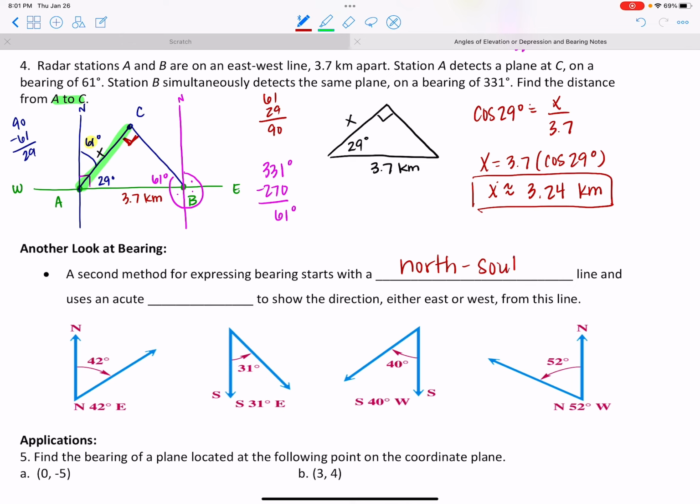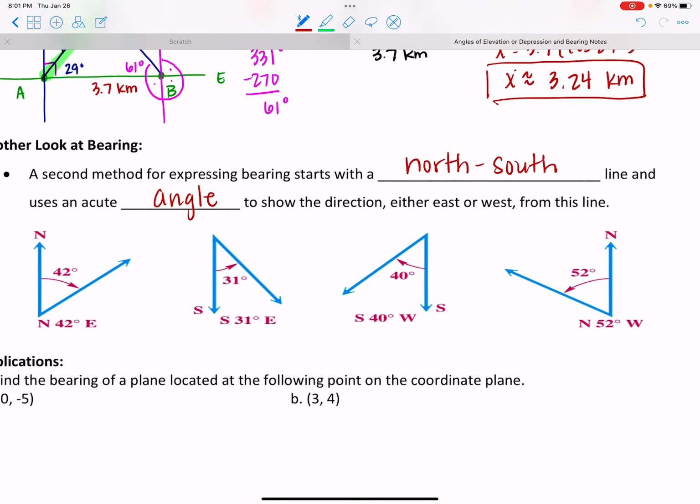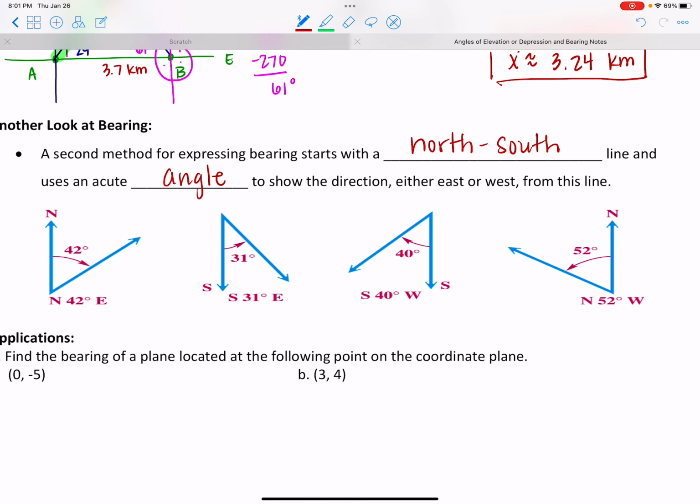North-south line, and then we're going to use an acute angle to show the direction of rotation from that north or south line. So you're going to have a north or south, and then an acute angle that will go east or west from that line. For instance, I have some pictures down here that probably explain better than what I'm trying to say.